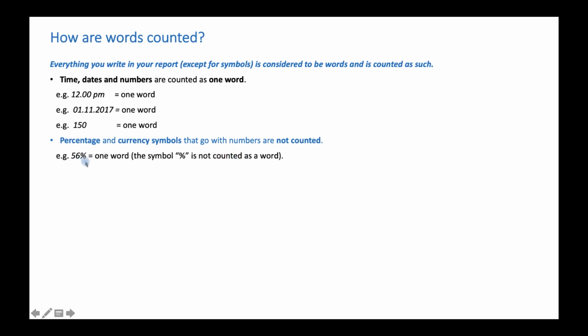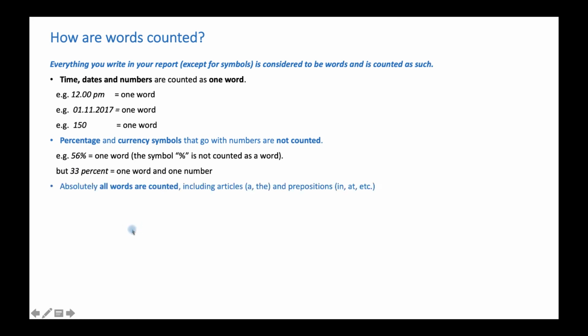For example, 56%, one word. The symbol of percentage is not counted as a word. But 33% is one word and one number. Absolutely all words are counted, no matter how small they are, including articles like a and the, and prepositions in, at, etc. Compound nouns written as one word, as well as hyphenated words, are counted as one word.